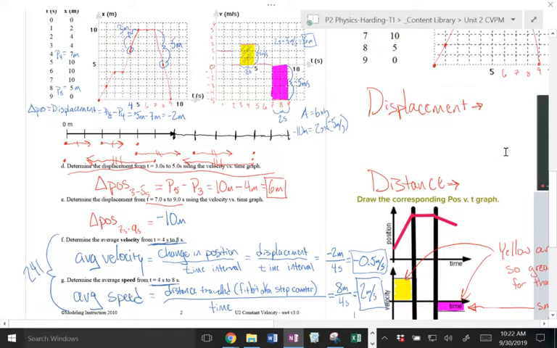So that will definitely feature on the test on Wednesday. Can you distinguish between average speed and average velocity? Can you distinguish between the distance traveled and the displacement?